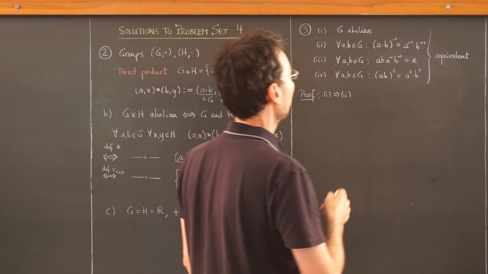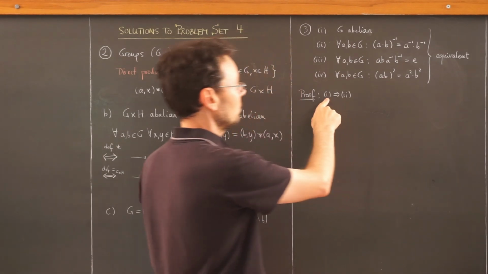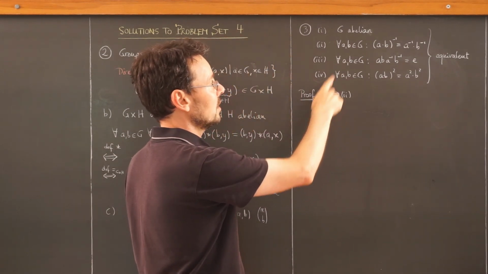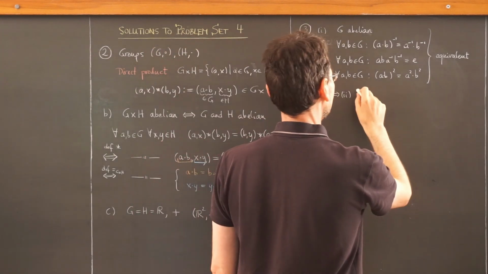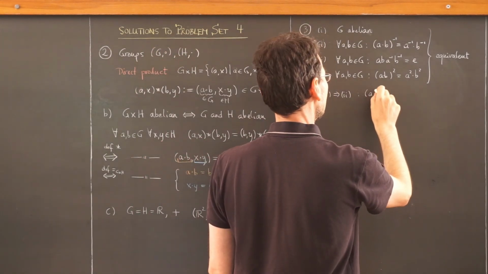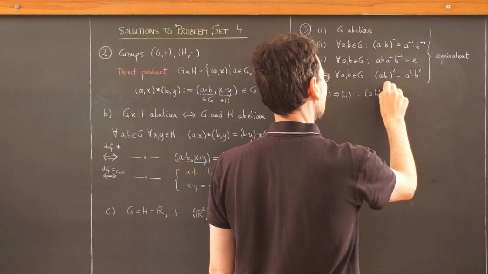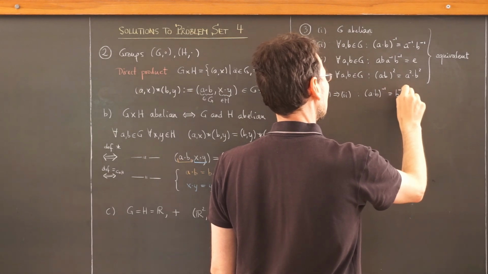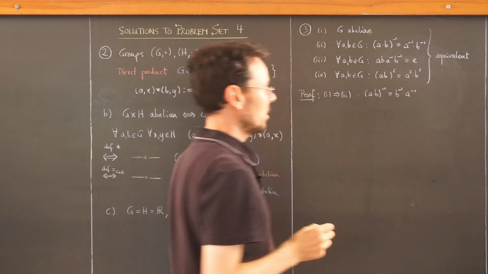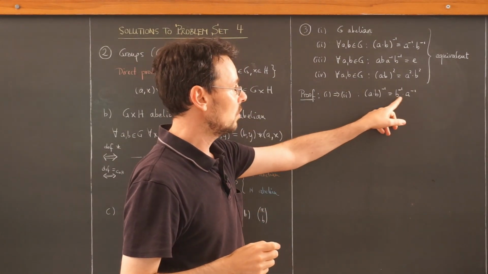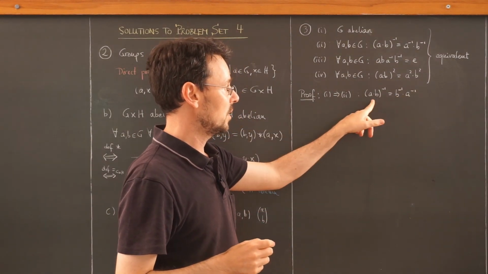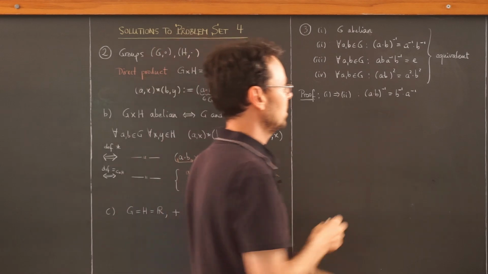All right. So here we suppose G is abelian, and we have to show that. This is easy because by proposition 1, we already know that this is the general formula for the inverse of a composition of two elements.